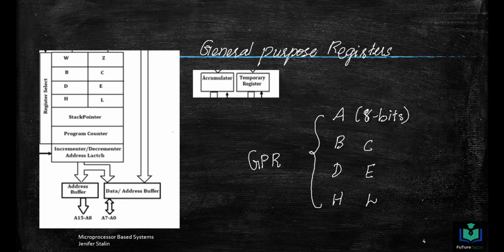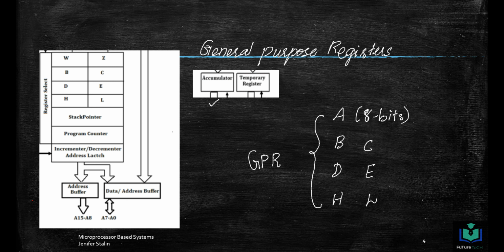So here A is also called as accumulator register, which I have indicated here, and B register is 8 bit and C register is also 8 bit. So each register has the capacity to store 8 bits of information, and when you want to deal with 16-bit data, you can use the registers as pairs.